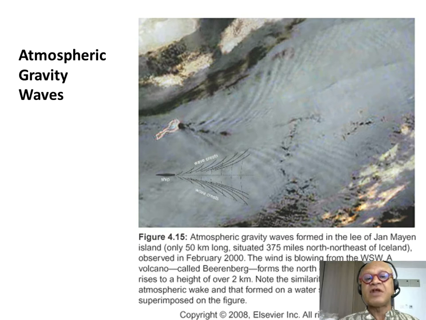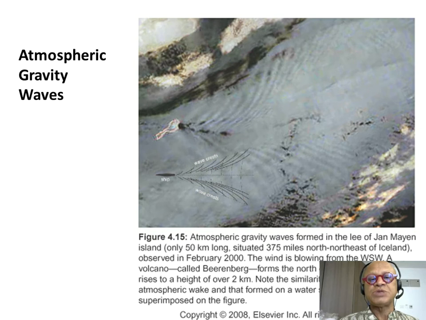Another example of gravity waves is here from Jan Mayen, pronounced Jan Mayen Island, near Iceland. There's a volcanic island here which is about 50 kilometers long, 375 miles north-northeast of Iceland, and it also has a unique flow, still westerly, over the volcanic island that's stretched along here.